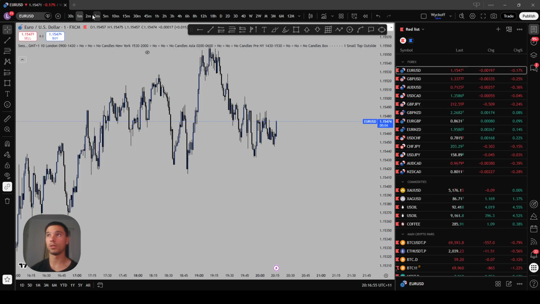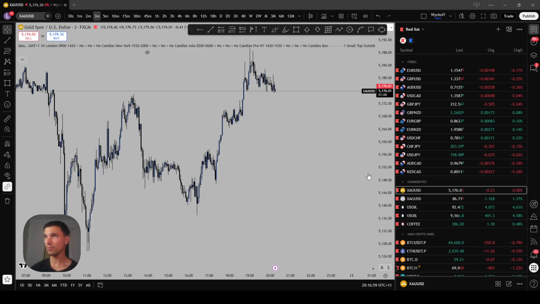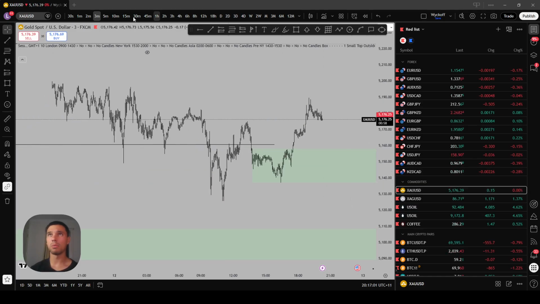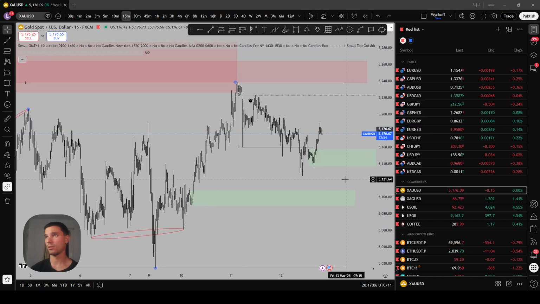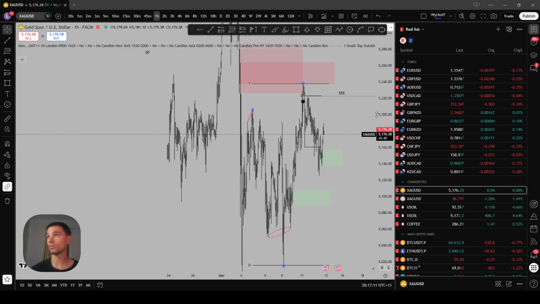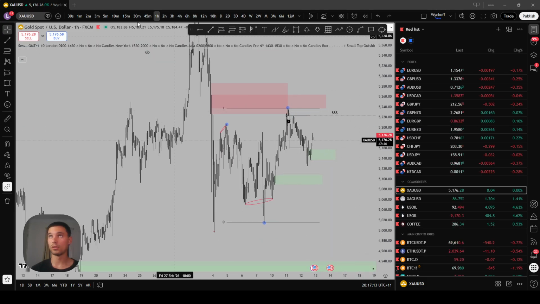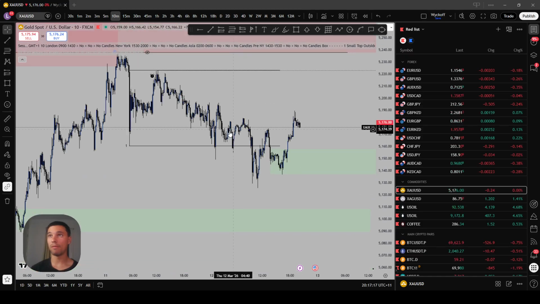Let's check the few other pairs. Gold. I think our plan was the same from memory. Yeah, we still want to come up into this third tap of the distribution model. As we can see, we have formed a fairly decent local accumulation model, a beautiful return to zone.